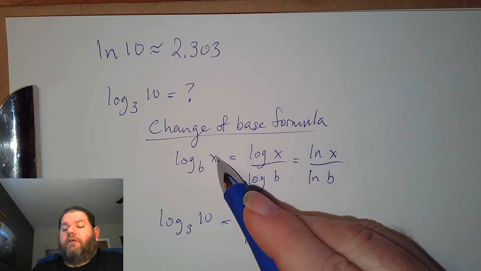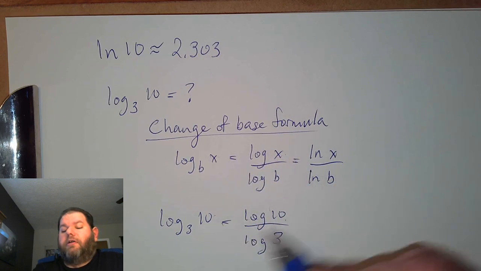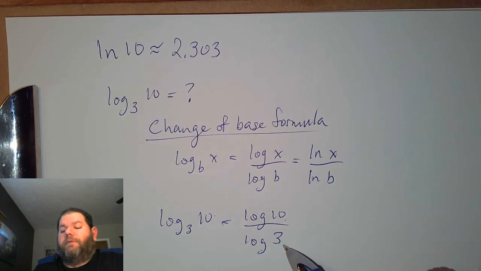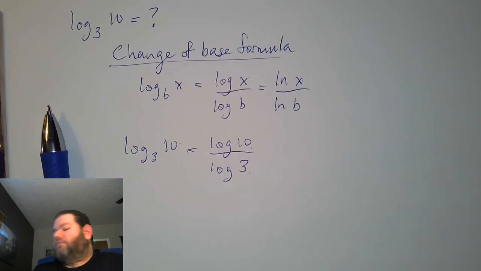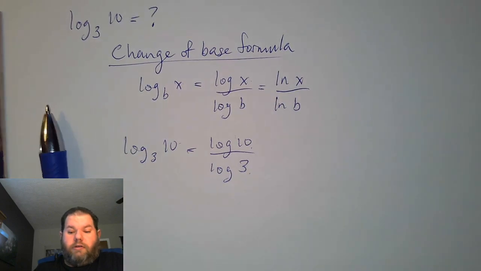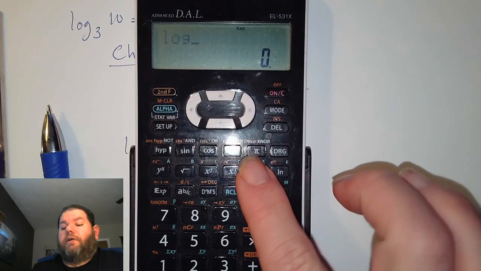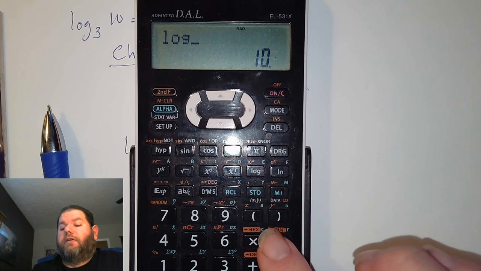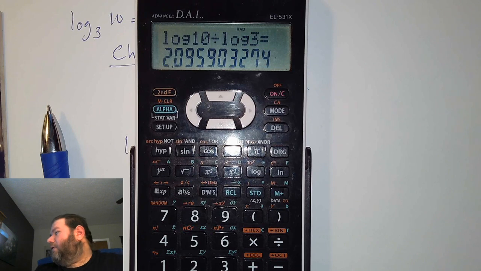Whatever the argument is goes in the numerator, and whatever the base is, we'll take the log of that in the denominator. So we would do log of 10 divided by log of 3 equals.